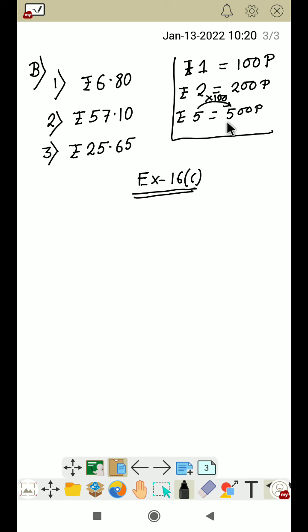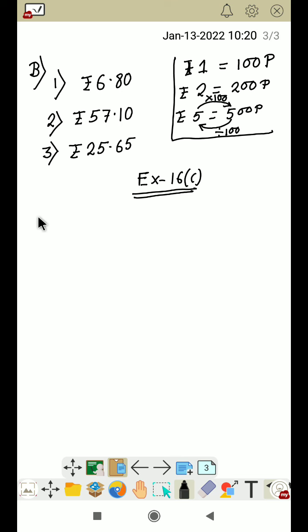But whenever you want to convert paise to rupees, that means the backward process, you have to divide the number by 100. Look, 500 divided by 100 is nothing but 5 rupees. So I am repeating again. If you want to convert rupees to paise, you multiply the number by 100. And if you want to convert paise to rupees, you divide the number by 100.